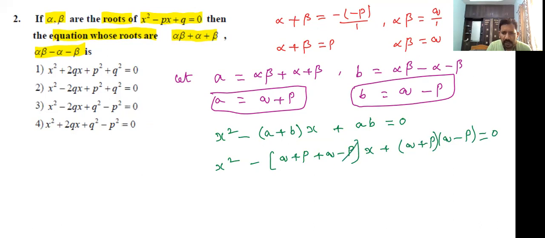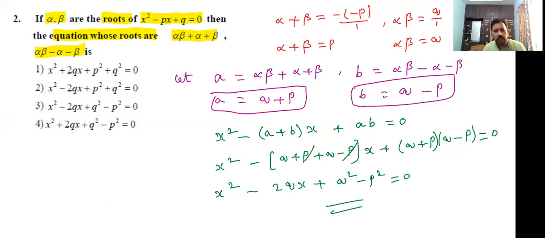Simplify here. p minus p cancel. We get x square minus 2qx plus q plus p into q minus p, that is q square minus p square, is equal to 0. This is the new quadratic equation. Which option is correct, students? I think the third option is correct.